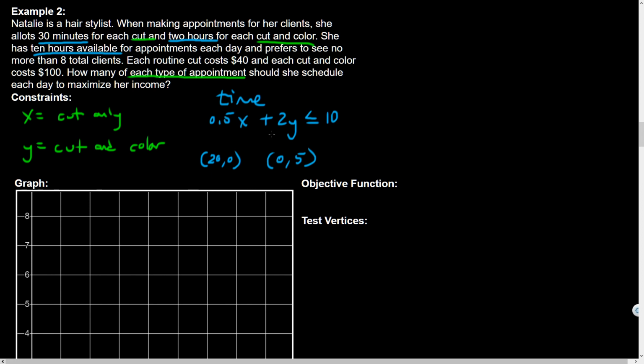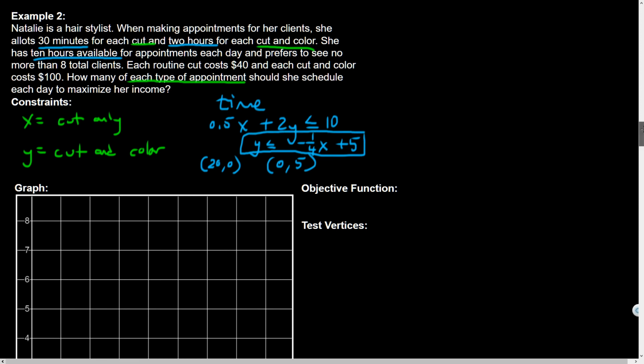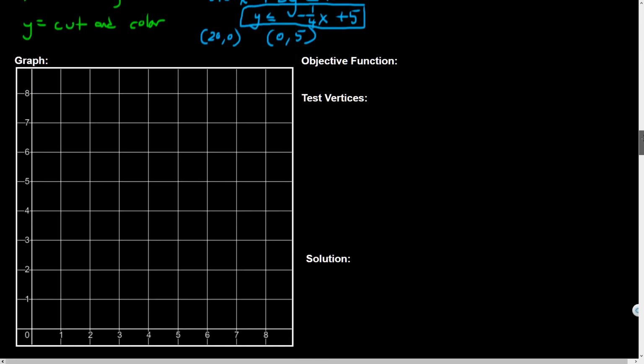So let's also rewrite this in slope-intercept form in case that helps. If I subtract 0.5x from both sides, divide both sides by 2, then y is less than or equal to 0.5 divided by 2 is 0.25, negative 0.25. So I could call that negative a fourth x, and 10 divided by 2 is 5. All right, so there's one of those. This one will be a little bit easier to graph.